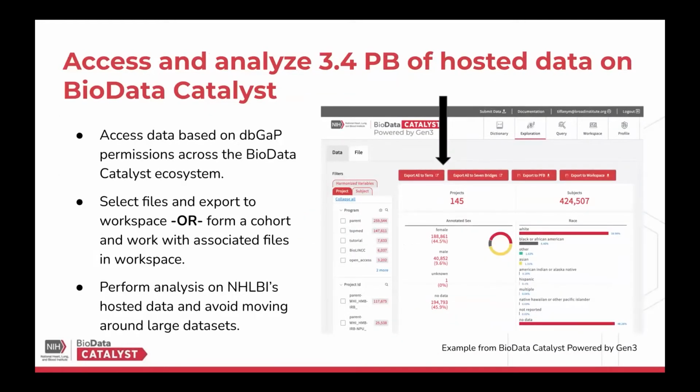In the ecosystem, you can analyze and access 3.4 petabytes of hosted data. With your eRA Commons ID linked, particular data sets you are authorized to use in dbGaP are accessible and exportable to the analysis platforms. This screenshot shows how you can export pointers to data from Gen3 to a workspace or project in Terra or 7 Bridges.